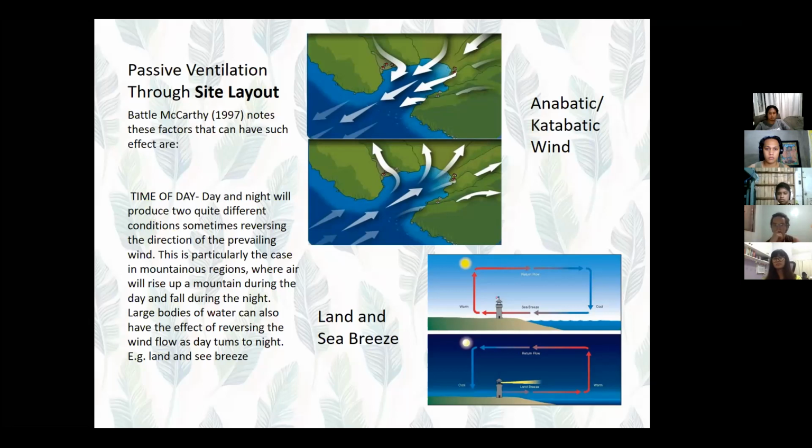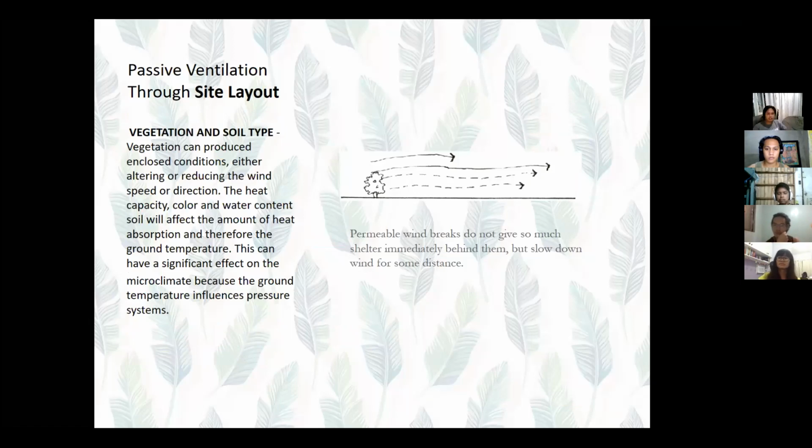Okay? And also consider the vegetation and soil type. In terms of vegetation, you have trees, you have shrubs, and so on. Now, in terms of site, these trees and shrubs serve as permeable windbreaks.